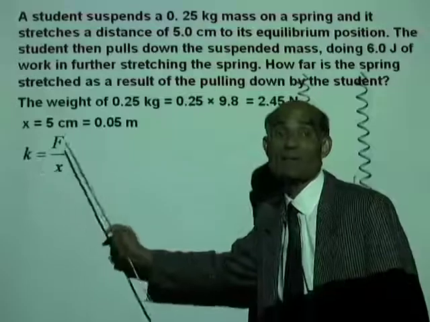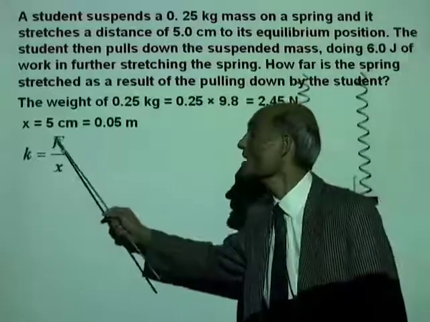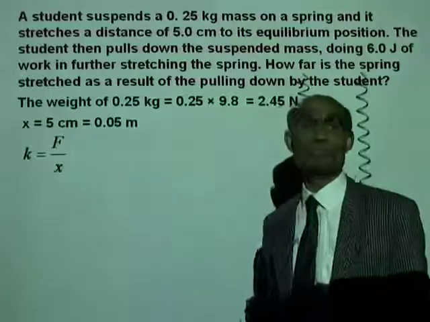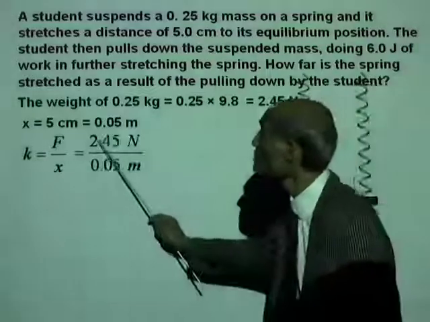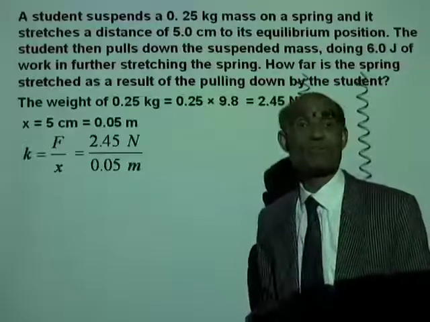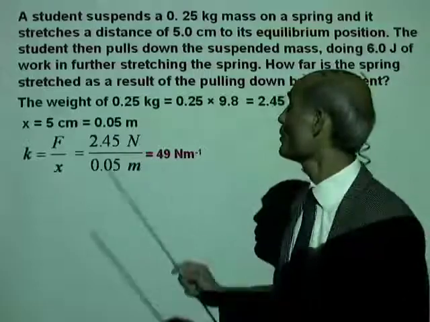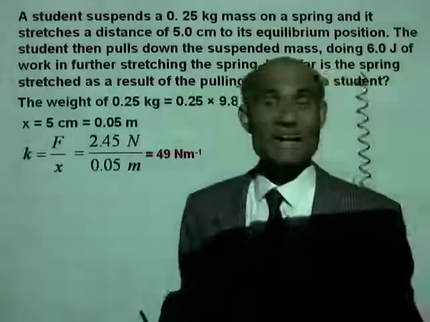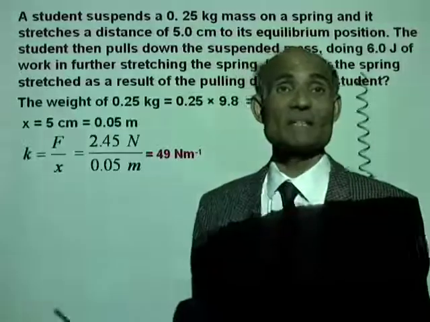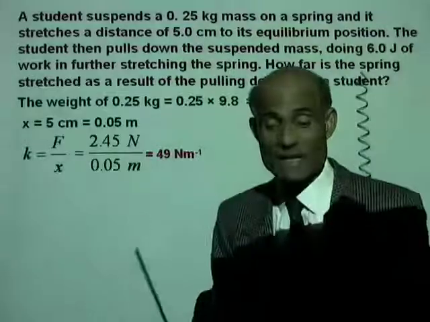Therefore k, remember, F equal to kx or k equal to F over x. F is 2.45 Newton, x equal to 0.05 meter, and therefore the k value for this spring is 49 Newton per meter. So the first part of the problem helped us to find k.